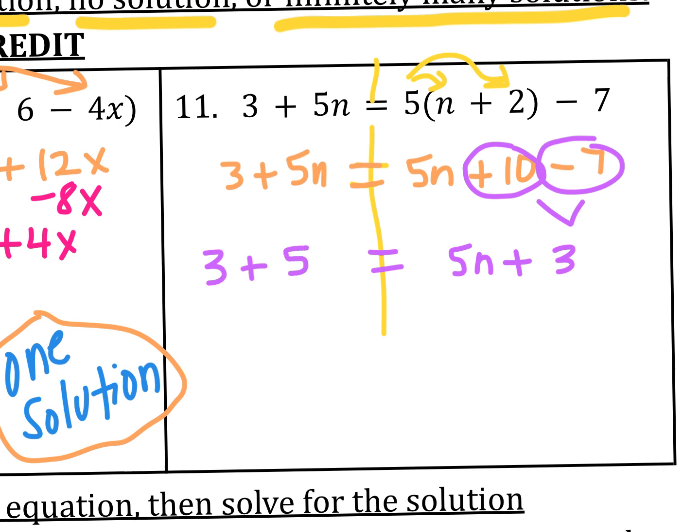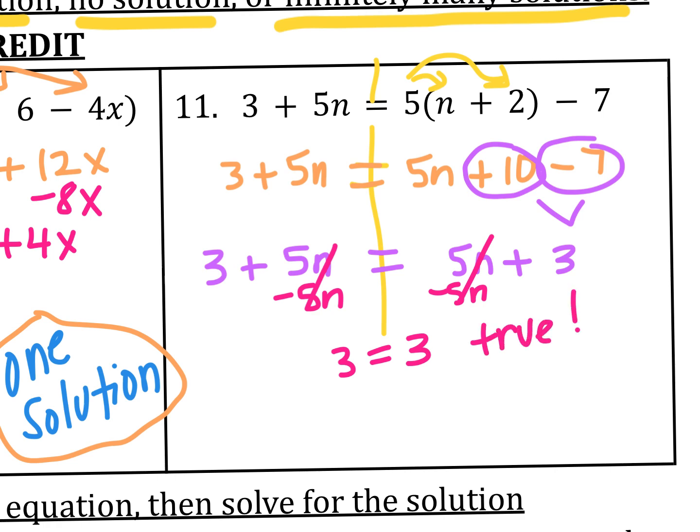Ooh, and do you see that they are twins? They're the same thing on both sides. If we went one more step and got our variables together, I would subtract 5n on both sides. And I am left with 3 equals 3. Then ask yourself, true or false? Does 3 equal 3?